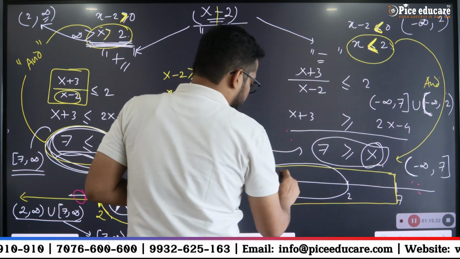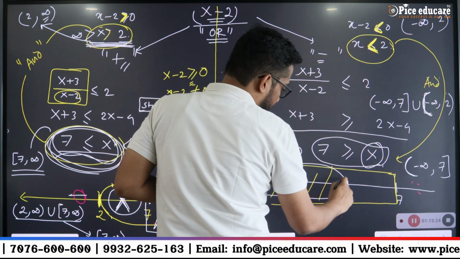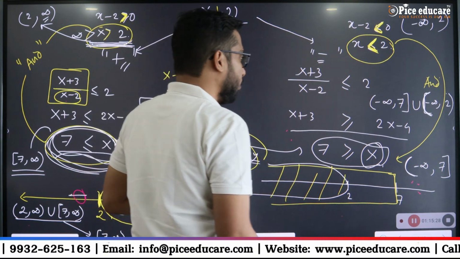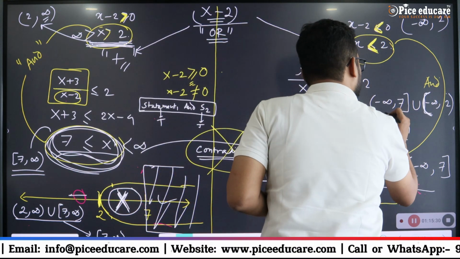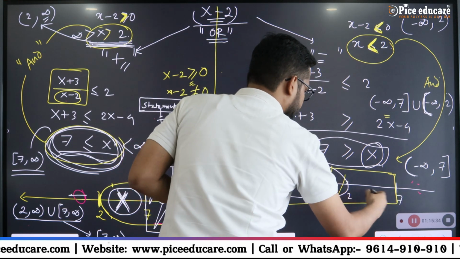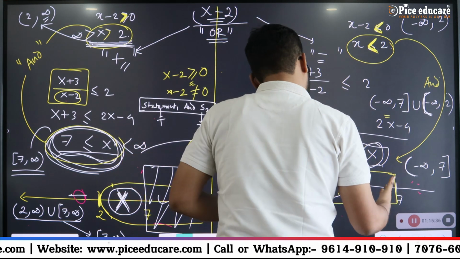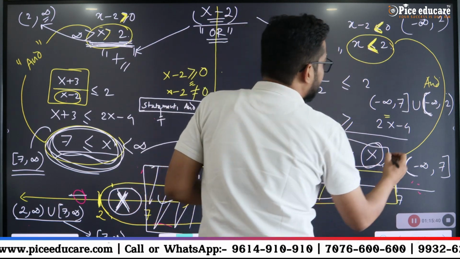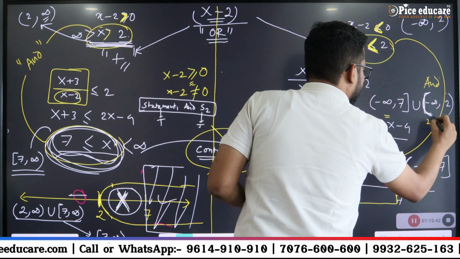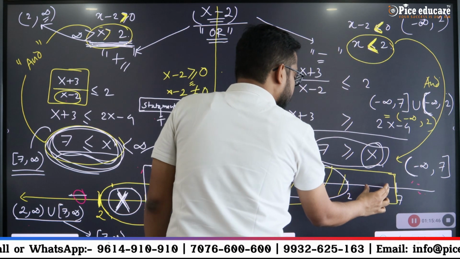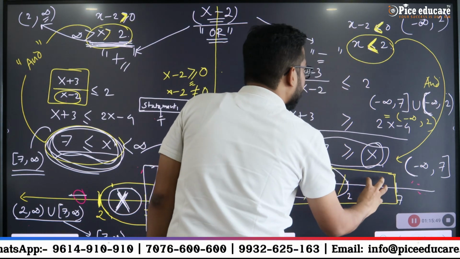So I have to go for the common area between the white and the yellow. Eventually, this is the smaller quantity among 2 and 7. If I have to go for less than 2 and less than 7, I have to make sure that I am less than 2 only, because otherwise if I pick my x from here, it will be less than or equal to 7, so that part will be okay.